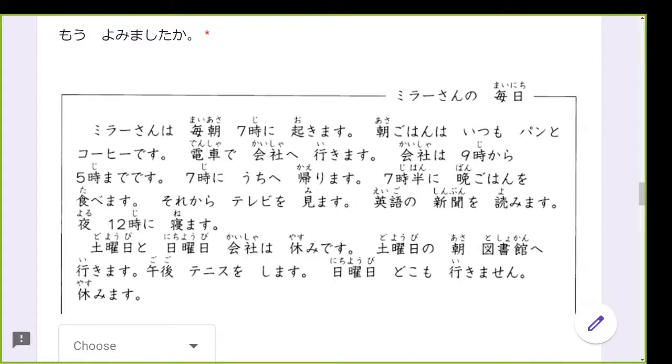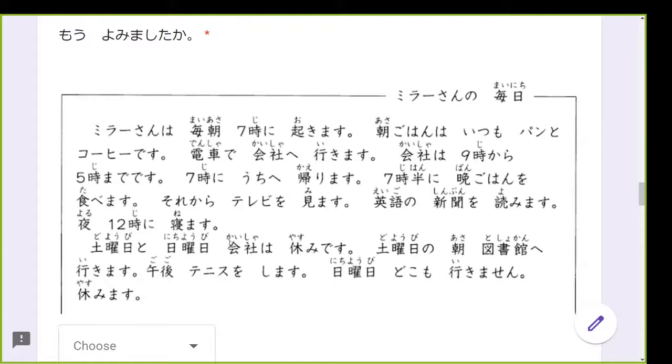Shichijihan ni, okay, by 7:30, he will eat his dinner. Then after that, he will watch television. Then the English newspaper, he reads, okay, at night of 12 o'clock, he sleeps. Doyobi to Nichiyobi. We're saying here that on Saturday and Sunday, kaisha wa yasumi desu.